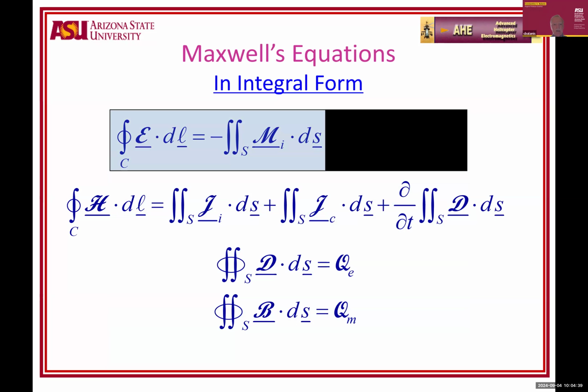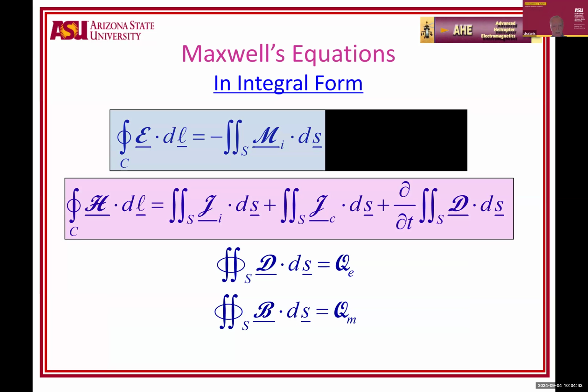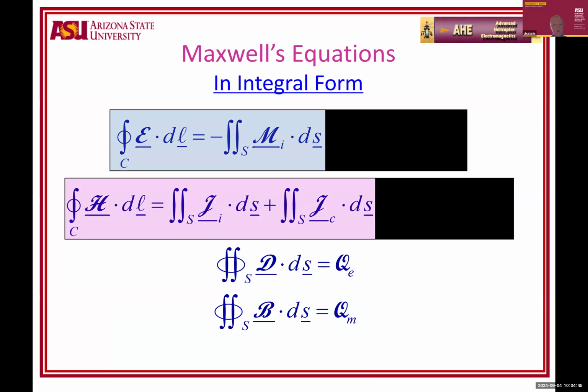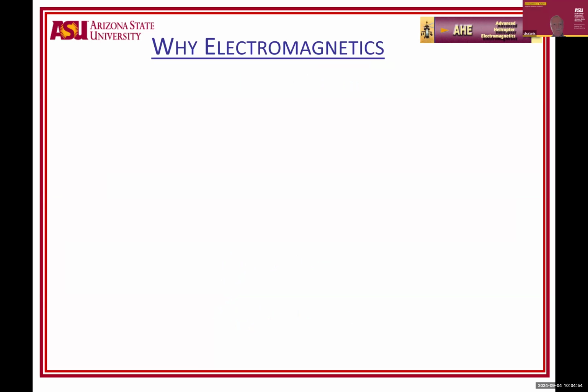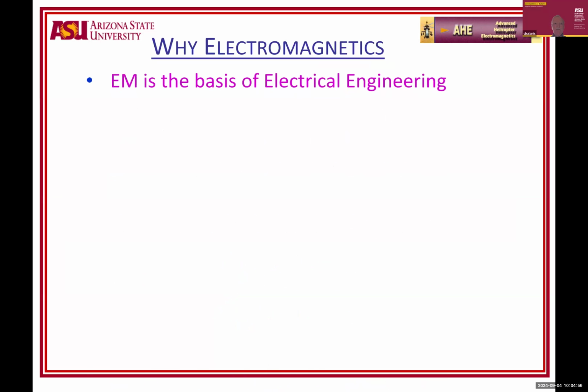Then the next one is the node equation. Again, the last term is usually small at low frequencies. We usually leave it out when we study circuit theory. Electromagnetics is the basis of electrical engineering, no matter what anybody else tells you.